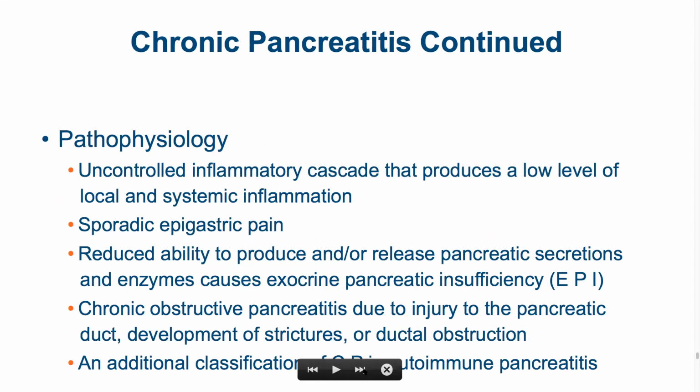So the pathophysiology: an uncontrolled inflammatory cascade that produces a low level of local and systemic inflammation, sporadic epigastric pain, and reduced ability to produce and or release pancreatic secretions and enzymes, causing exocrine pancreatic insufficiency, or EPI.